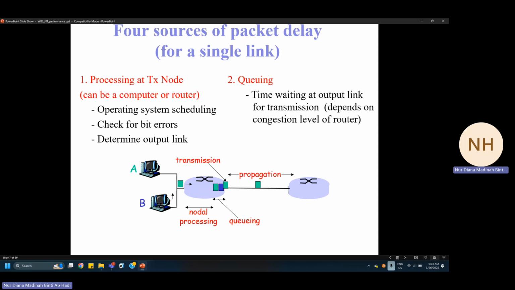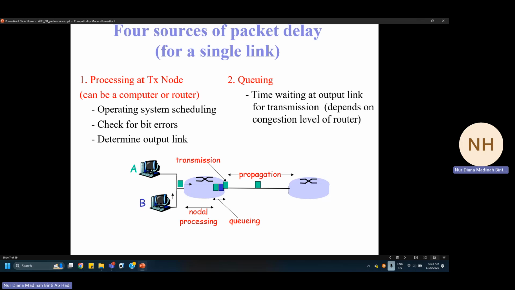So there are 4 sources of packet delay for a single link. Here, A and B are using a single link, so you can see there is only one transmission medium. One is the processing at the transfer nodes, which can be a computer or a router.